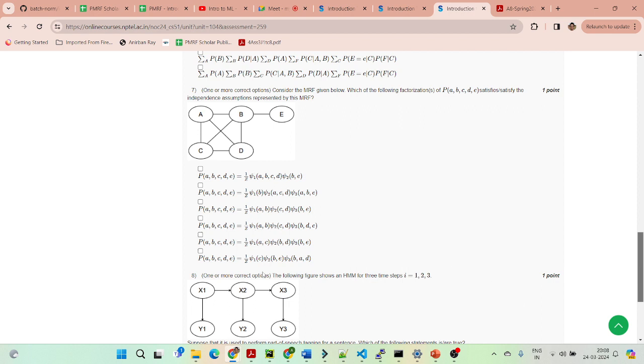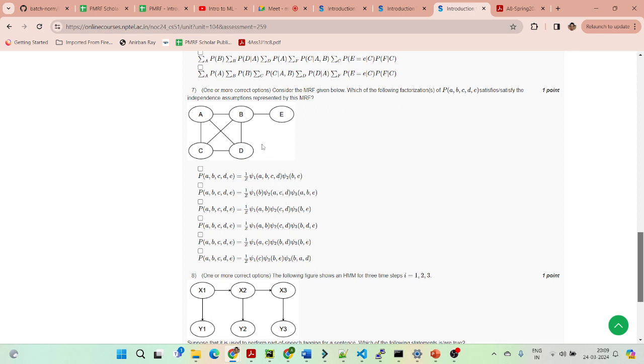So Z is the normalization here. And this is an undirected graph, so it's a little difficult. So to take the independence assumption.